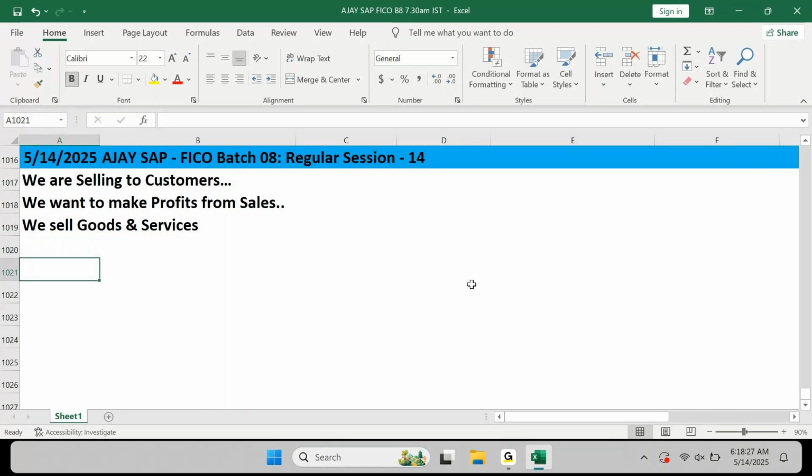Now, how do we calculate profit? When we talk about profit, is there any formula for it? Or can I assume anything as a profit?